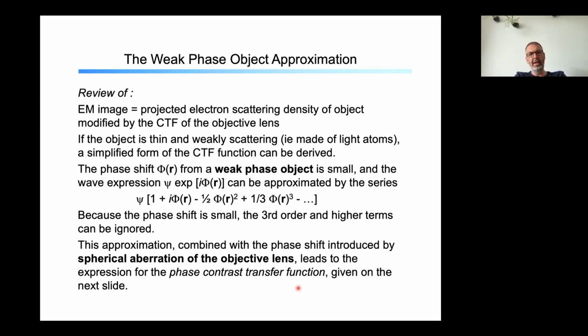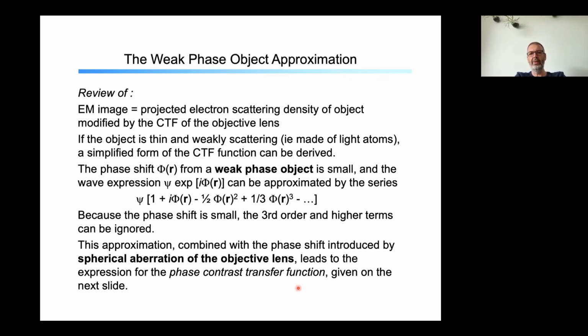That means we can apply the weak phase object approximation because of the small phase shift induced. So we can approximate the wave expression such that we only have to consider the first two terms.